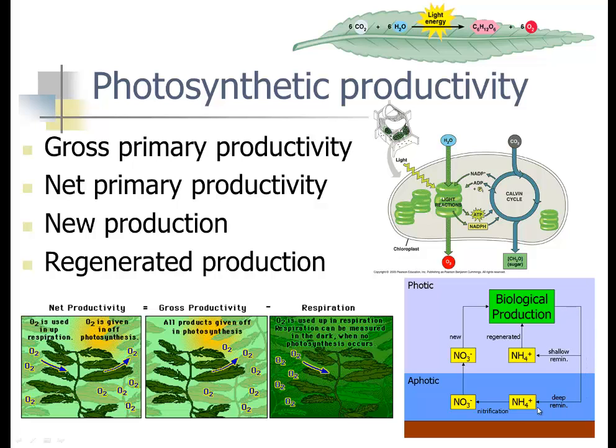Then ammonia can be in deep water, and it can turn back into nitrate, which will go back through. Nitrogen is a very important molecule for making DNA and RNA, so biological production needs nitrogen.